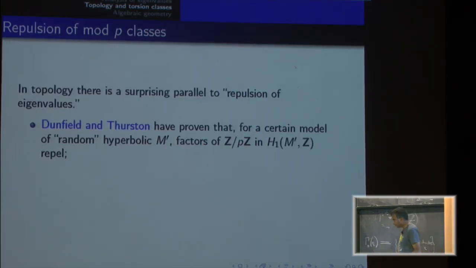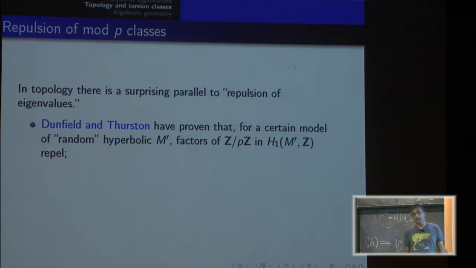There's also a very pleasant parallel here to the repulsion of eigenvalues that you see in the analytic case. There's a paper by Dunfield and Thurston where they study a model of random hyperbolic three manifolds. They specify some way to create a class of hyperbolic three manifolds, which they call random.